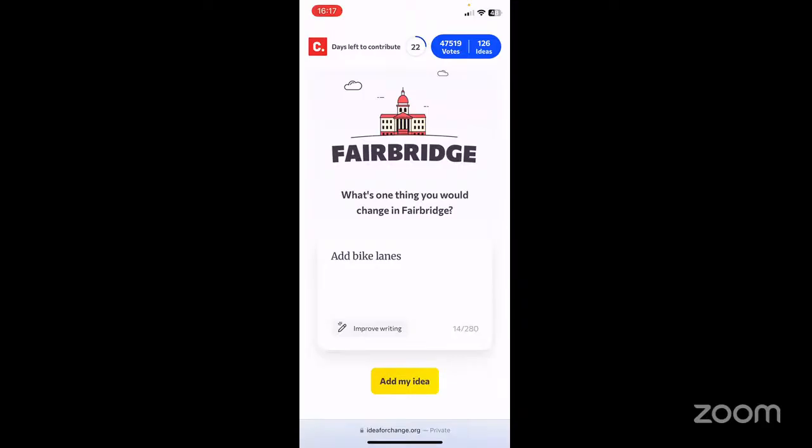like reduce noise pollution, and then that would be translated into actionable things by policymakers. Obviously my idea of reducing noise pollution isn't going to be on a ballot because it's not an actionable thing, but at least I can submit my idea here, and if it has enough interest, then policymakers can think about actual solutions to address it.